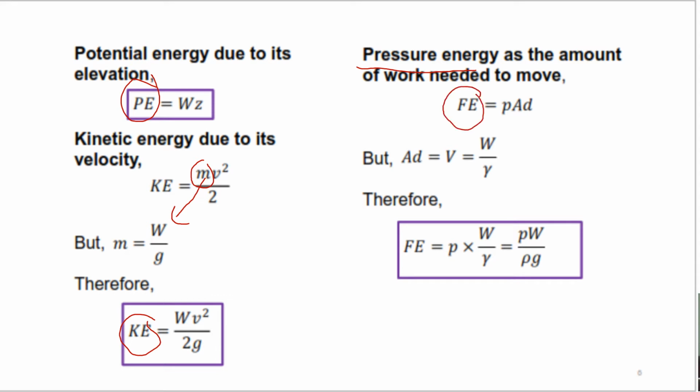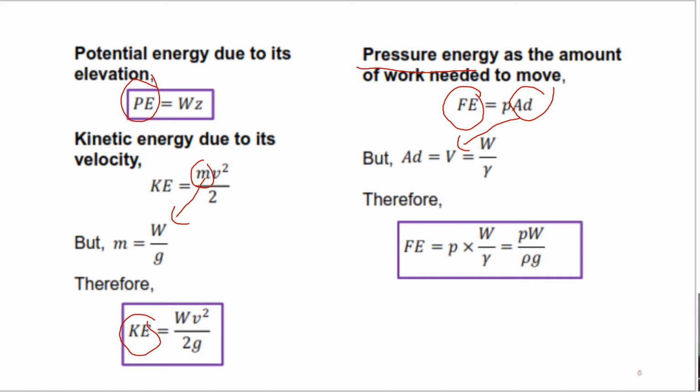represented by PE. Okay, P here is the pressure times the area and times the d. Okay, d is actually the length. So this is actually the volume, represented by V. Volume can also be calculated as weight divided by gamma.